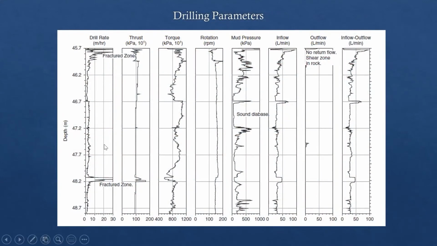We looked at the data, in this example just the drilling parameters from 45.7 to 48.7 meters, and we could detect where some of the fracture zones are. We can detect this section where we have really sound diabase. And if we're not getting any outflow, that means there are a lot of fractures in there.